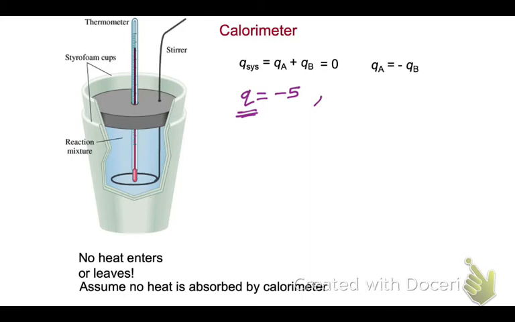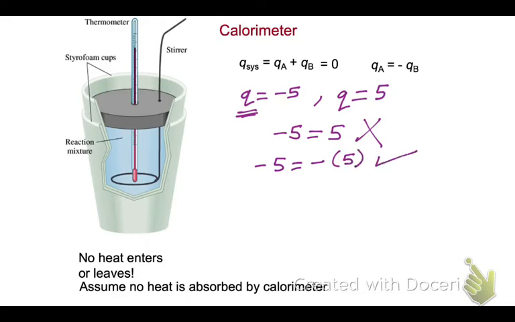If the water is going to have a change of heat, the water did absorb that, so the water heat will be 5. Now I cannot say that -5 equals 5. Mathematically this is not acceptable, but I can say that -5 equals negative the 5 value which was absorbed, and that's mathematically acceptable.